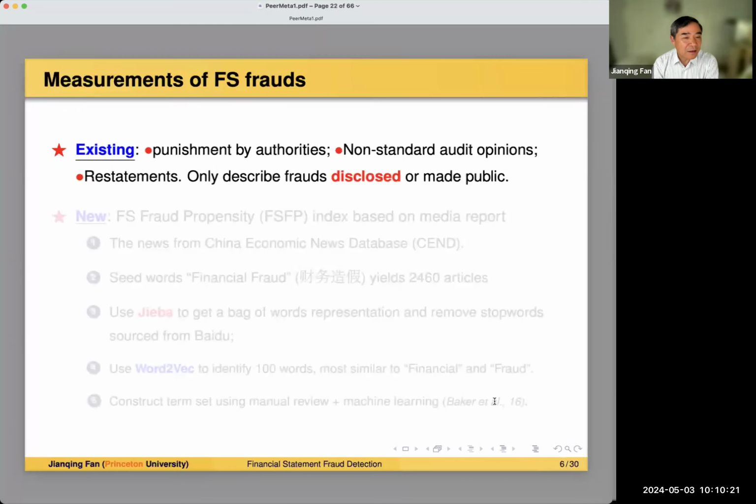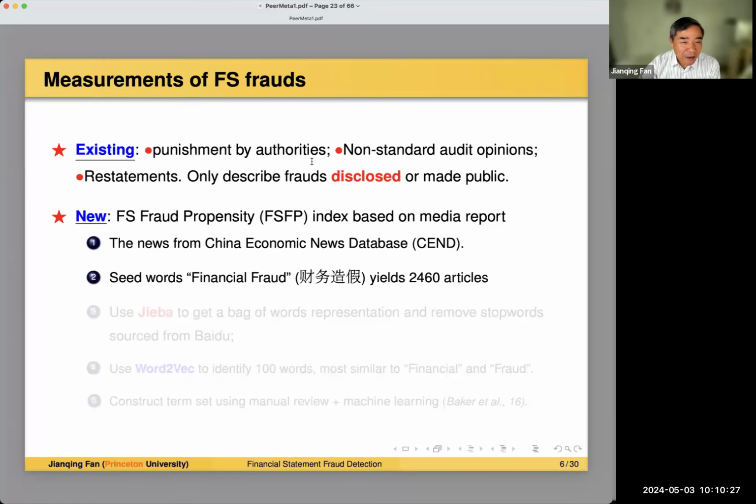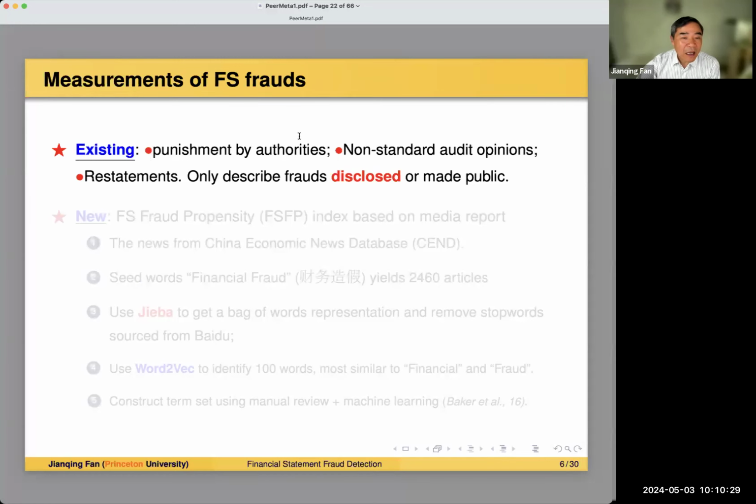As I said, the existing literature uses either events punished by the authorities, or non-standard auditing opinions by auditing firms, or restatements. And these only describe events that were already disclosed or made public.